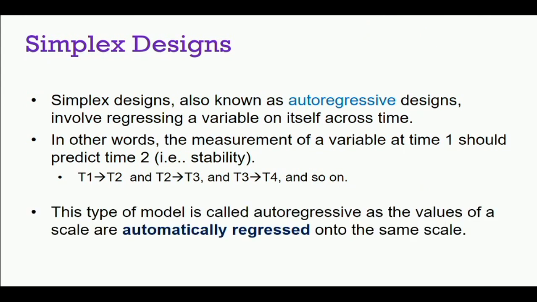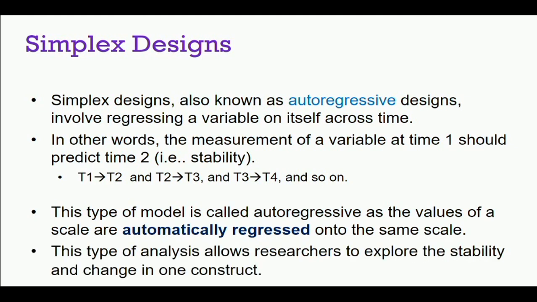So this type of model is called autoregressive, as the values of a scale are automatically regressed onto the same scale. That type of analysis allows researchers to explore the stability and change in the one construct they're measuring. If we measure something like depression across adolescence, do depressed kids stay depressed, or do they grow out of it generally?